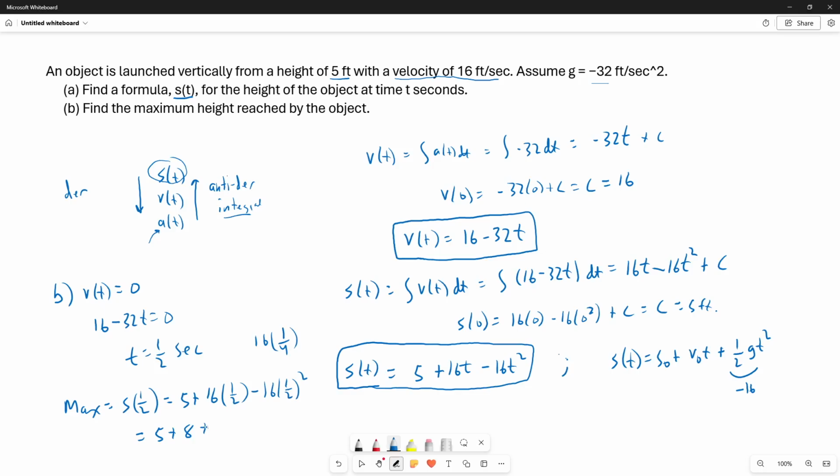So that was minus 4, not plus. That's clearly a minus. And we get 5 plus 8 is 13, minus 4 is 9 feet. So the maximum height was 9 feet. It was a gentle toss from a height of 5 feet that went up to a maximum height of 9 feet.